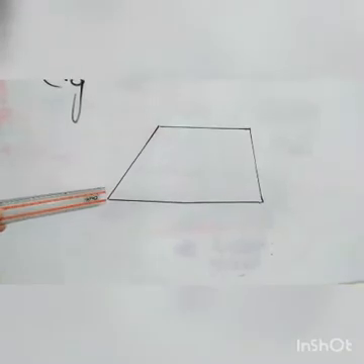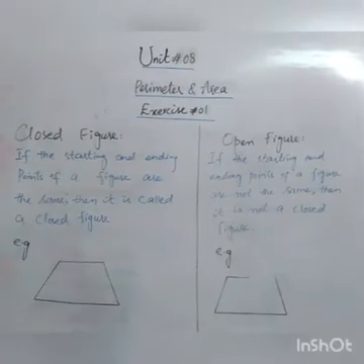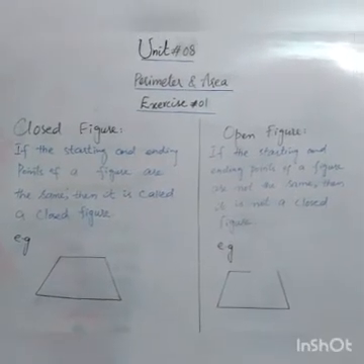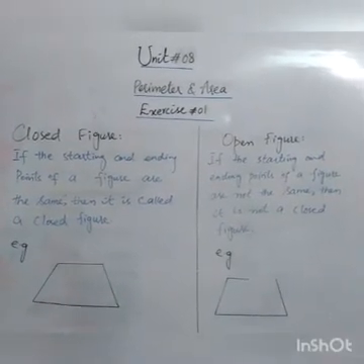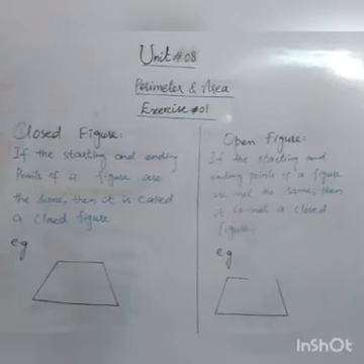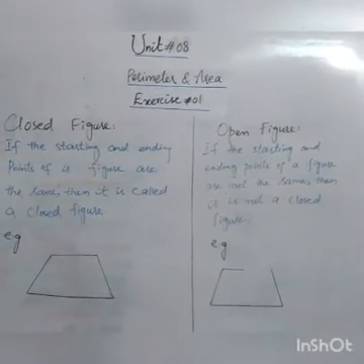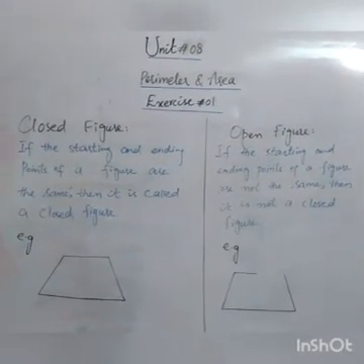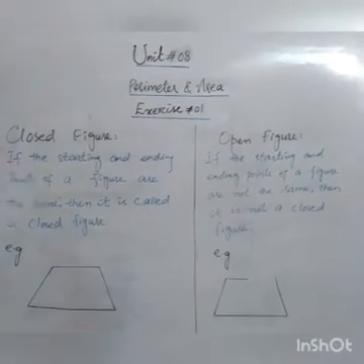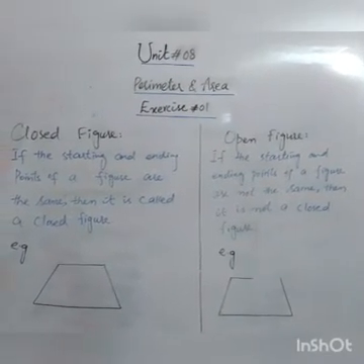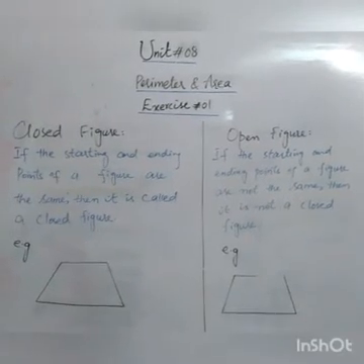a closed figure. What is an open figure? If the starting and ending point of a figure are not the same, then it is not a closed figure. If we have a figure like we can see here in the example, and the starting and ending point of that figure is not same, so we will say that this figure is not a closed figure.